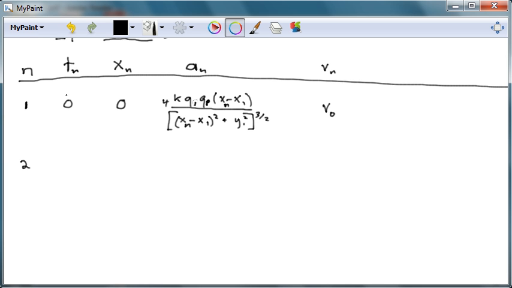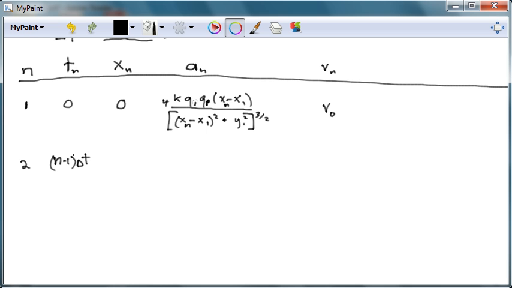our next value of t is going to be n minus 1 times delta t. So n is equal to 2, that'll be 1 times delta t. Our next time will be that particular value.